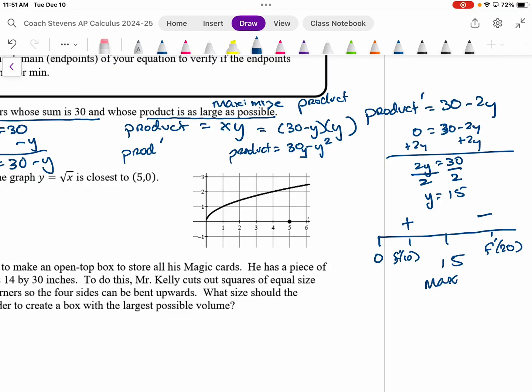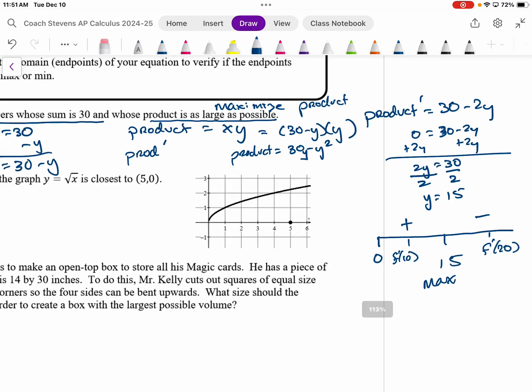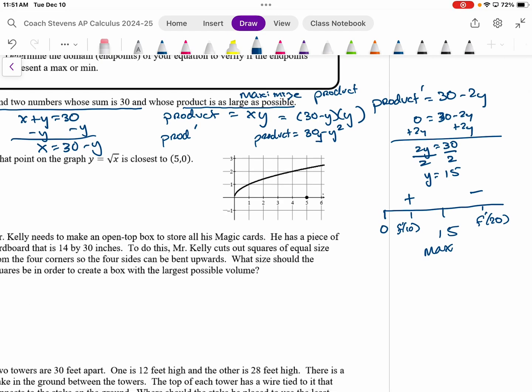Now, we don't have endpoints to test, and that's what they wanted us to do in step 5: if we got a closed interval, make sure you test the endpoints. So this is telling us that if we use 15 as our y value, that's going to help us find the maximum product with whatever x value corresponds to it.